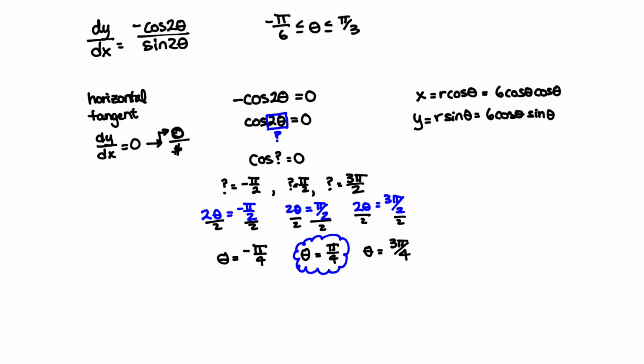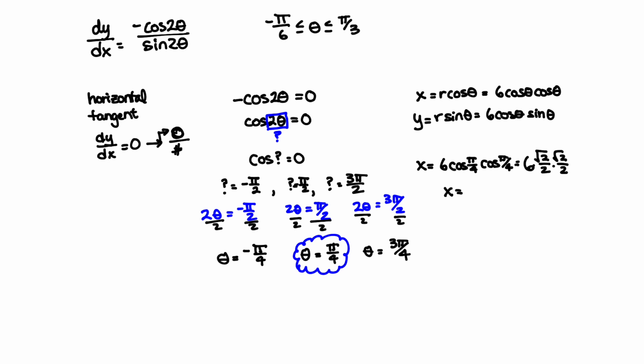Now, to find out what x and y are when theta is pi over 4, we simply have to plug in pi over 4. That means x is going to be 6 times the cosine of pi over 4 times the cosine of pi over 4. And the cosine of pi over 4 is root 2 over 2. So that means we're going to take 6 times square root 2 over 2 times square root 2 over 2.